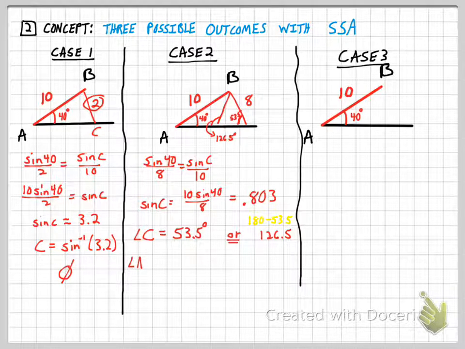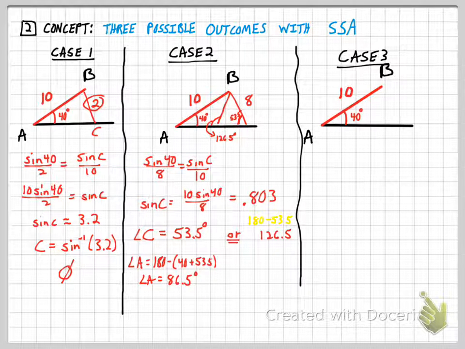I can figure out angle A by taking 180 and subtracting the other two angles. The first angle given was 40, and the second was 53.5, so angle A turns out to be 86.5. That's the first case.